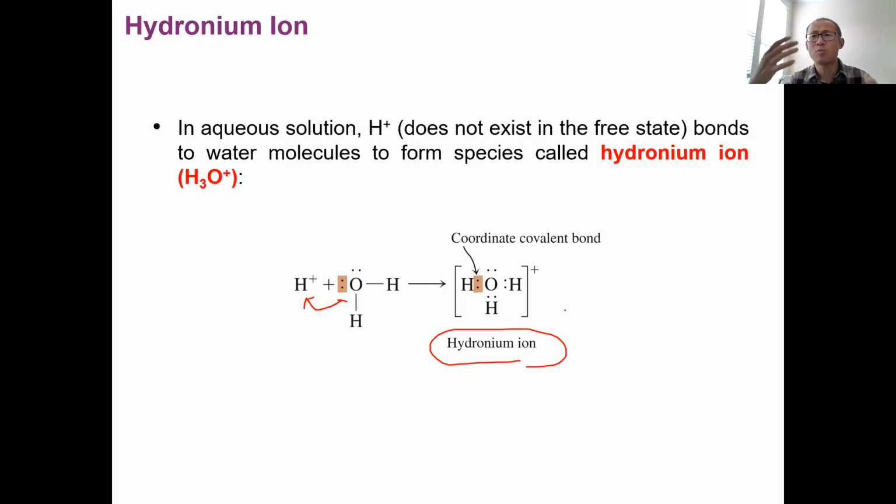Sometimes we show proton as H plus, but in reality, proton is hydronium ion, H3O plus, if water is the solvent. In most cases, water is the solvent for acid-base reactions. So that means in water, you don't see any free protons. You only see H3O+, the hydronium ion.